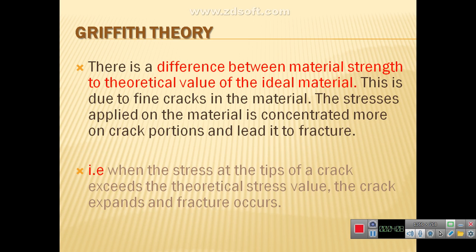That is, when the stress at the tip of the crack exceeds the theoretical stress value, the crack expands in the material. What the fractures are and what steps happen during fracture are discussed in this theory.